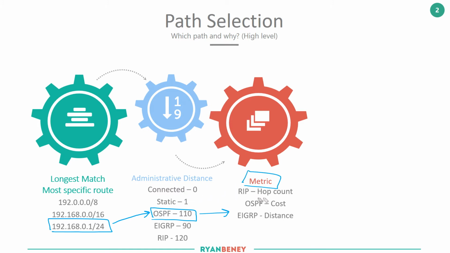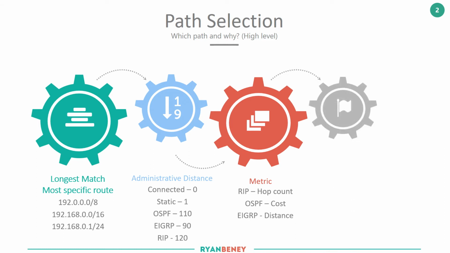So RIP would use hop count, OSPF uses cost, EIGRP uses distance. Again, this is something you might want to remember for the CCENT and ICND1. And once it's gone through that 3-step process, then eventually it is able to find its way to the final destination.